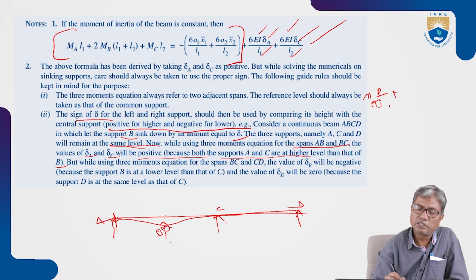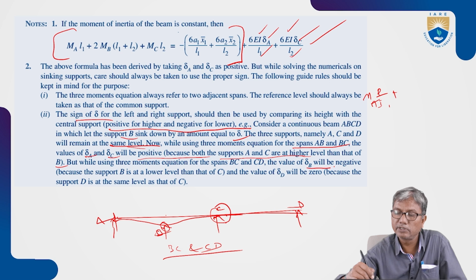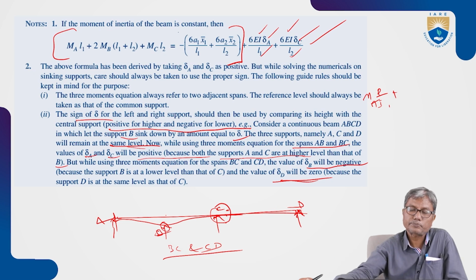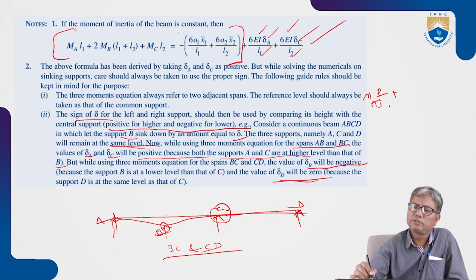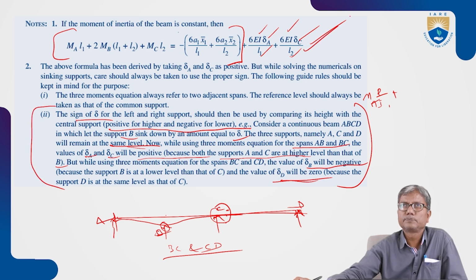For example, if you apply the same for BC and CD, then the common support is C, and here with respect to C, B is below. So delta B will be negative in that case. And delta D is 0 because there is no sinking of support D. C and D are at the same elevation, so delta D will be 0. You have to keep this in mind while applying this equation; the proper sign we have to consider.